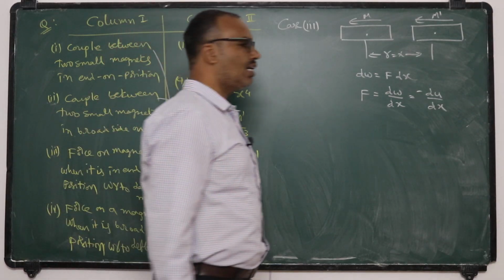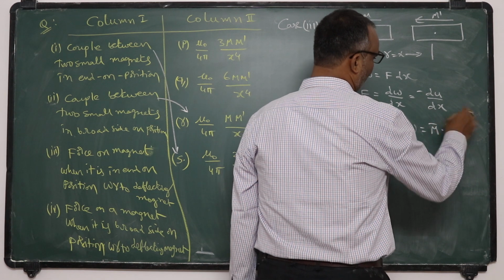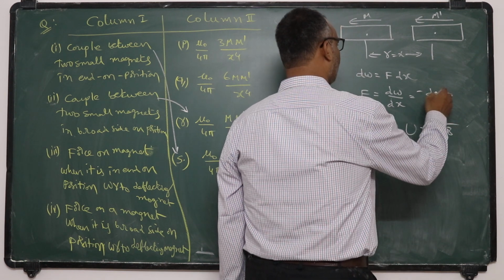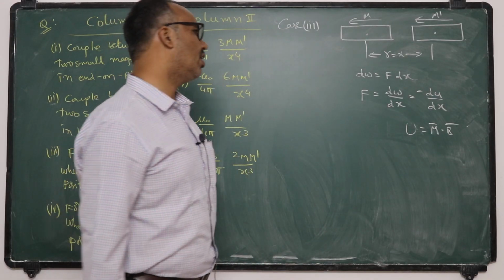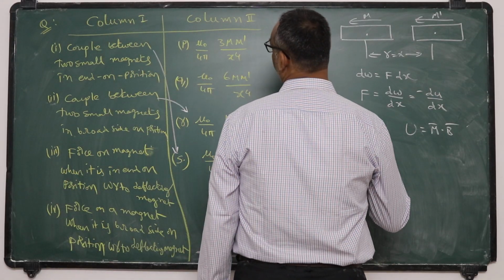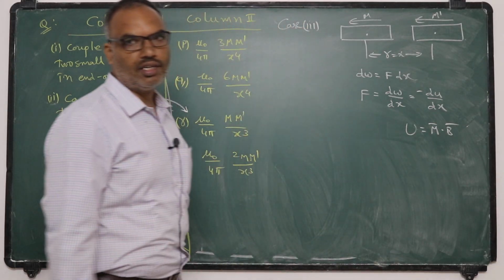First of all, you should calculate potential energy. U is equal to minus m bar dot B bar. By calculating potential energy, by substituting it here in this function, you will get the required answer. Already this derivation I discussed in the theory session.